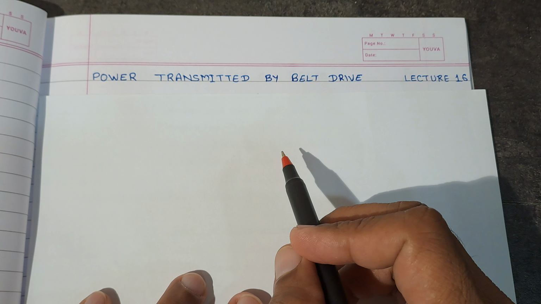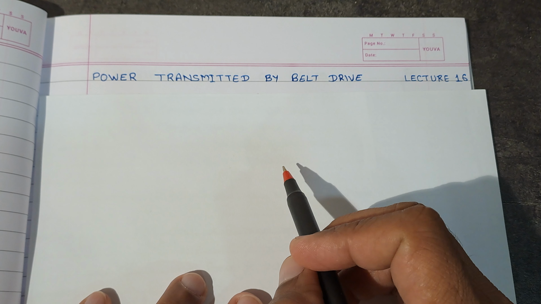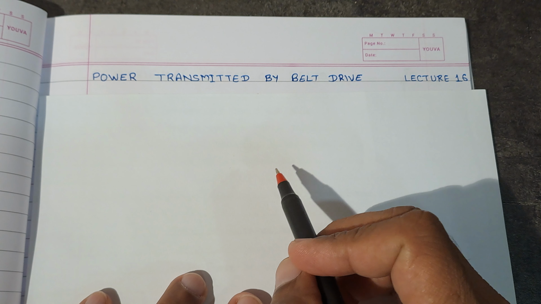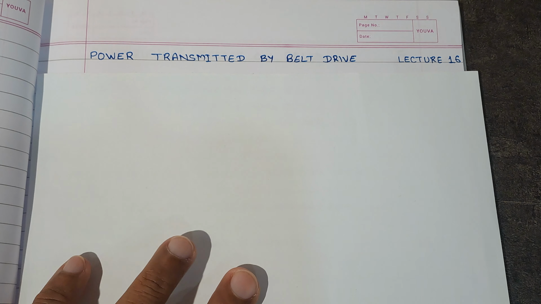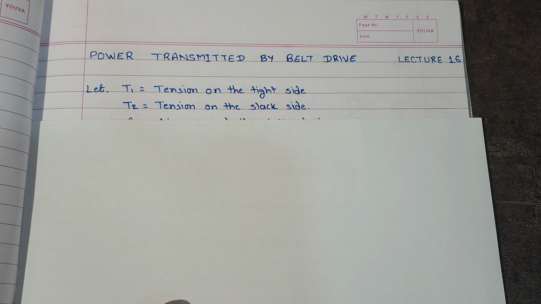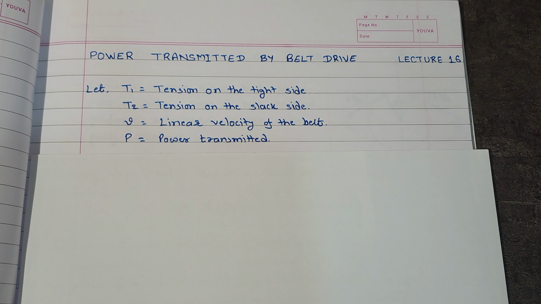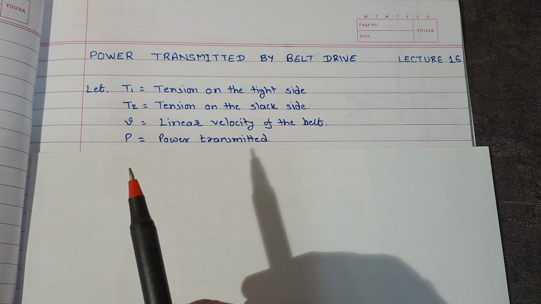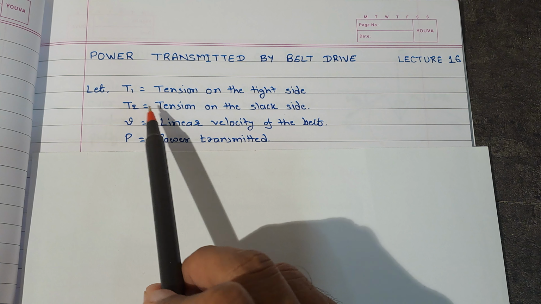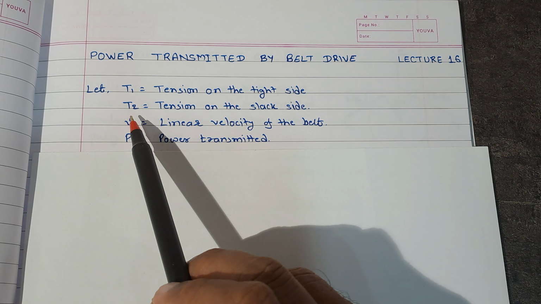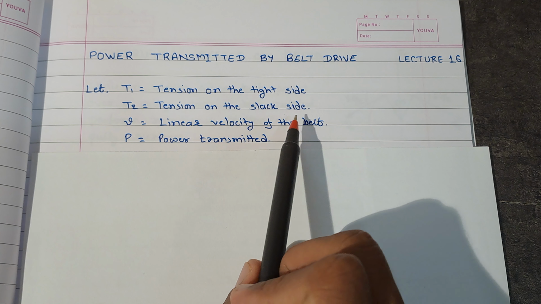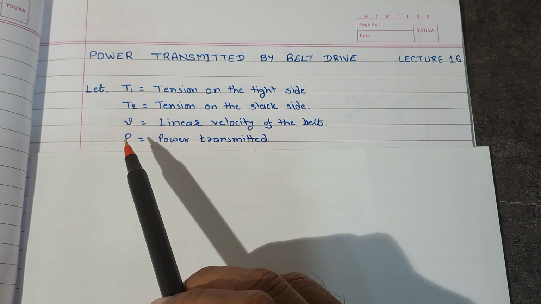So, on which factors is the power transmitted by the belt, or the power transmission capacity of the belt, defined? As per general notation, consider these parameters. Let T1 be the tension on the tight side of the belt, T2 be the tension on the slack side of the belt.